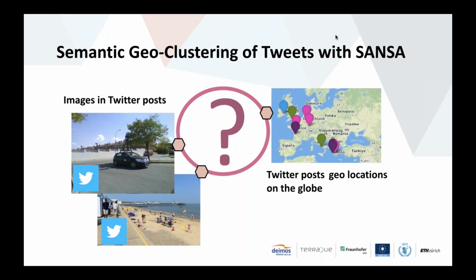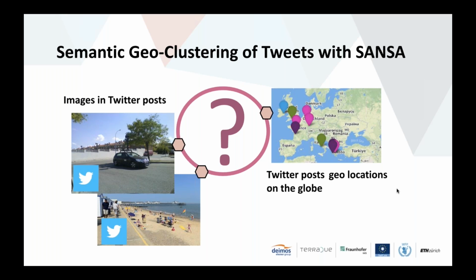We have data extracted from Twitter and the Twitter images, and if you see on the left-hand side, there is a car in the street and there are some people on the seashore. Each of them is extracted from the image attached to tweets, and then there are the tweet posts.